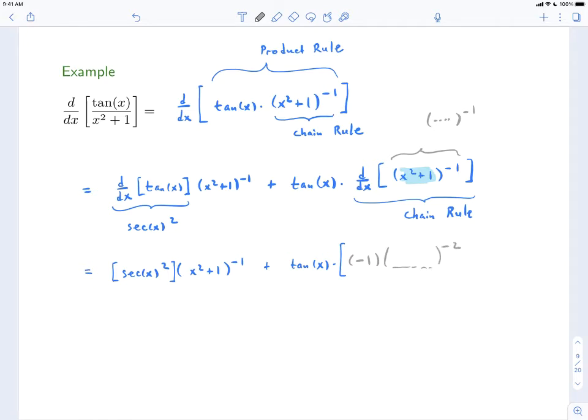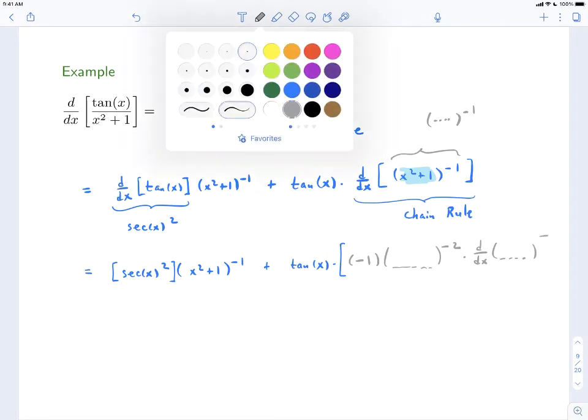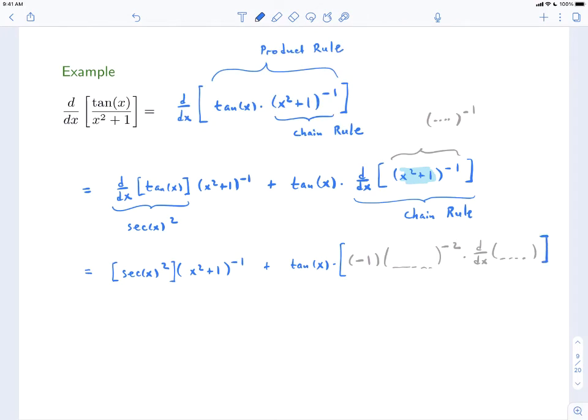And then you have to multiply that by the derivative with respect to x of whatever was inside there. But we know what's inside there. It's x squared plus 1. So in the middle of this product rule, we have to do the chain rule. So we're doing a product rule here.